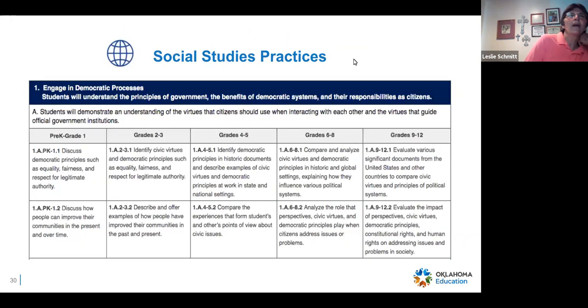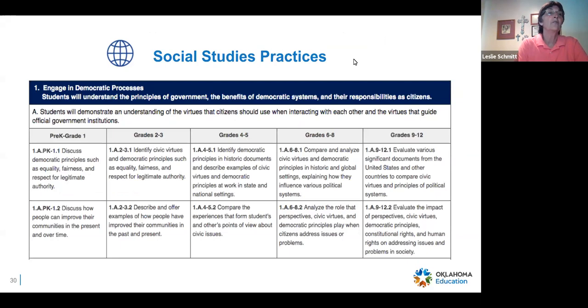Under social studies practices, it will begin with a statement of the standard. Engage in democratic processes. Students will understand the principles of government, the benefits of democratic systems, and their responsibilities as citizens. We'll break it further into each of the grade level expectations and objectives.